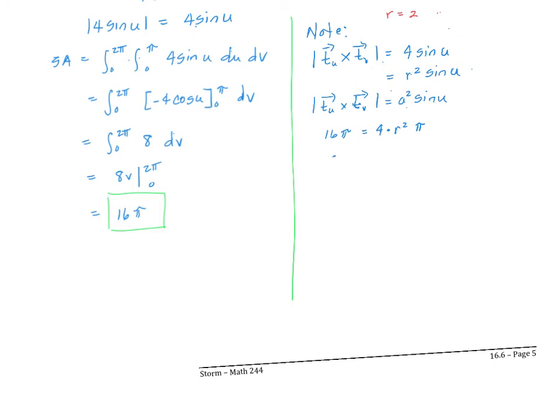So the surface area for any sphere centered at the origin is going to be 4 a squared pi. And here a is equal to the radius. So now you never have to do that again. You can just use the cheats that I've given you.